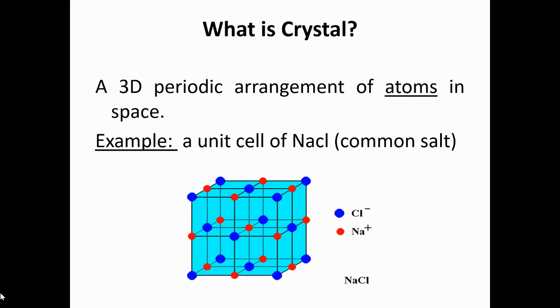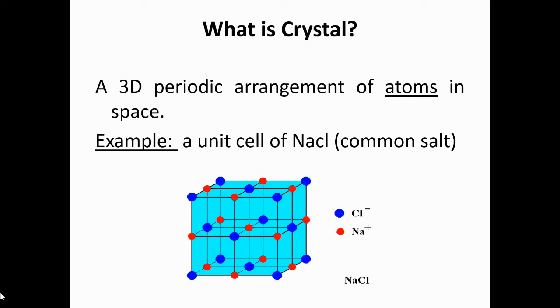This is a unit cell of sodium chloride. The blue atoms you can consider as chlorine and the red ones as sodium. And what we mean by three-dimensional periodic arrangement is that these chlorine and sodium atoms are repeating in each direction at equal distances.